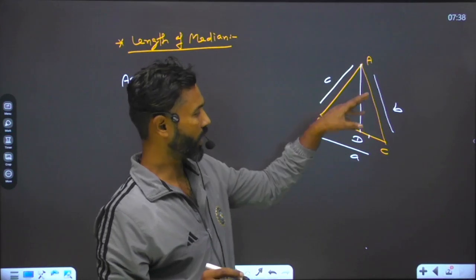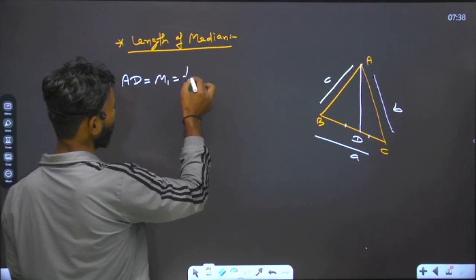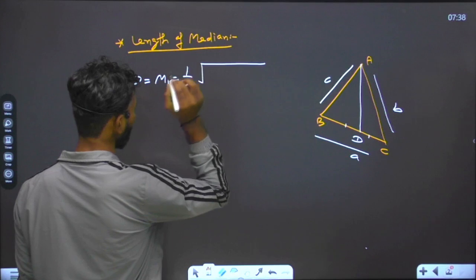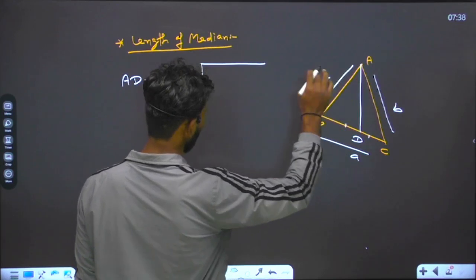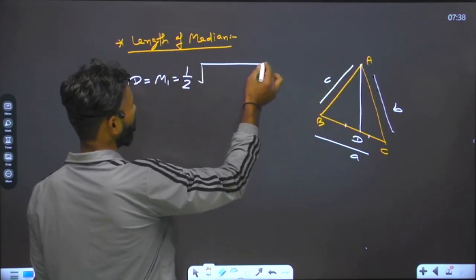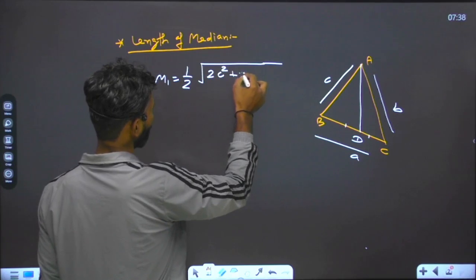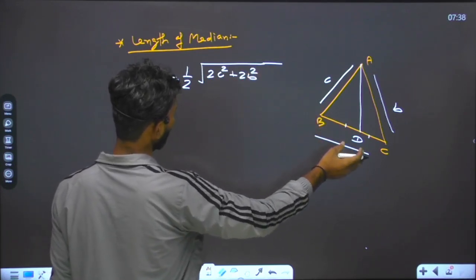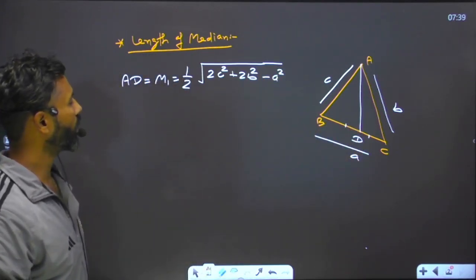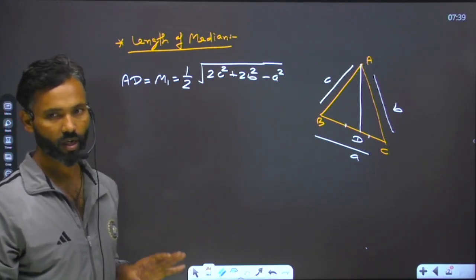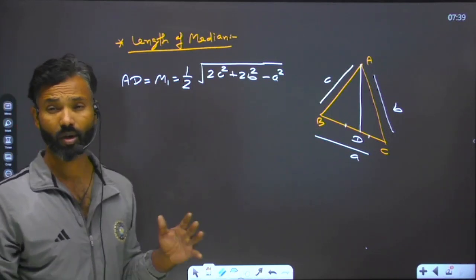Firstly write 1 by 2, then under the root, we write the squares of the remaining two sides, multiplied by 2: 2c square plus 2b square. Now subtract the square of the side on which the median is dropped, so it becomes minus a square. This is the formula for the length of the median. In that way we can calculate the length of the median. It is quite simple, quite easy.